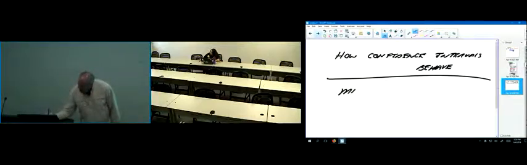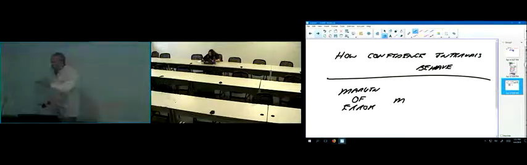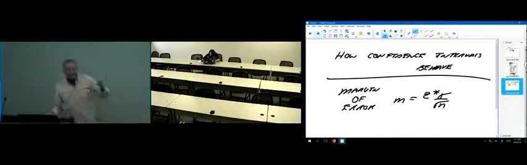The margin of error in our confidence interval. I'm going to use a little m for the margin of error, and I'll be consistent with you all the way through the semester. Every time I do a confidence interval with a margin of error, I'm going to call it m. Remember, it is the plus or minus part. Remember, it's x bar plus or minus your margin of error. That's your margin of error: z star times sigma over the square root of n.